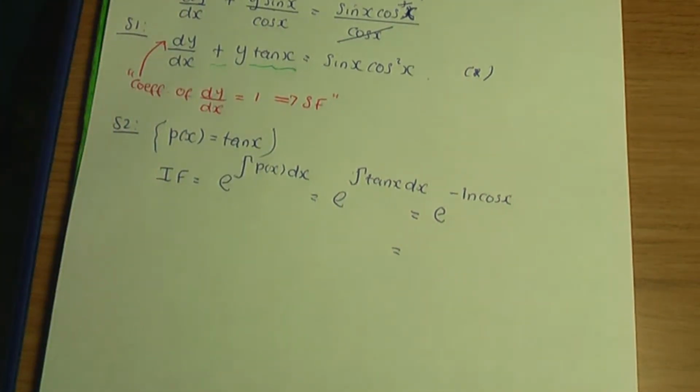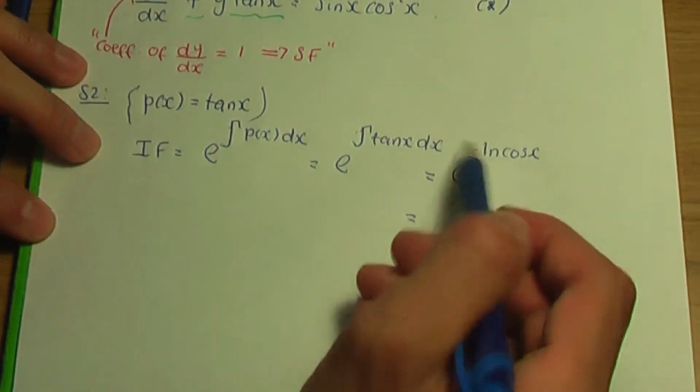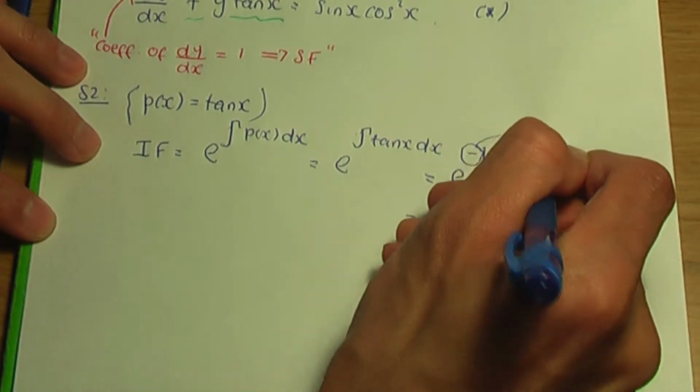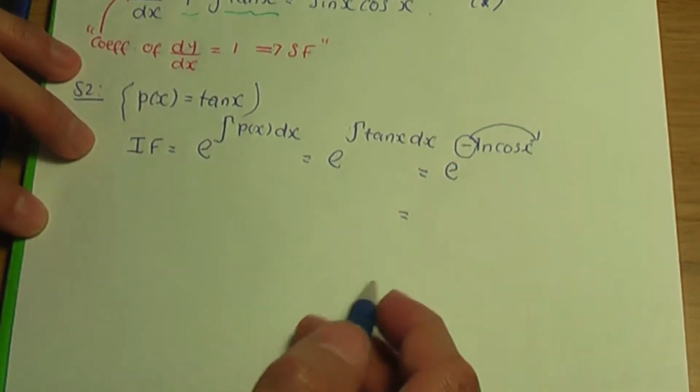Now, if we go back to the screenshot, if our power contains ln, then it's recommended to use this result to simplify further. Remember the result, e to the ln a equals a. So let's use this result. Back to the paper and pen. Now, using one of the laws of logarithms, I can take that minus in front and rewrite it as a power using the power rule.